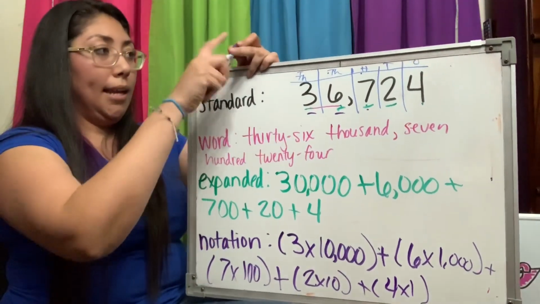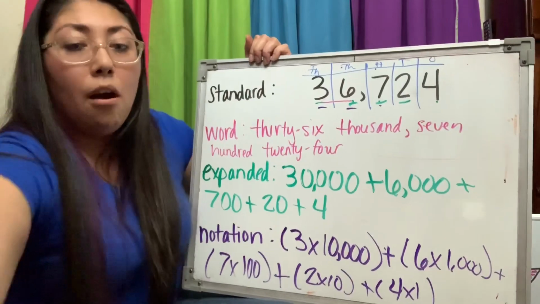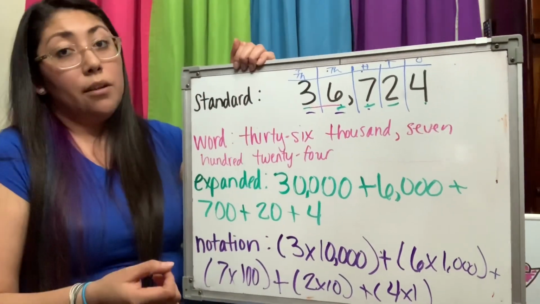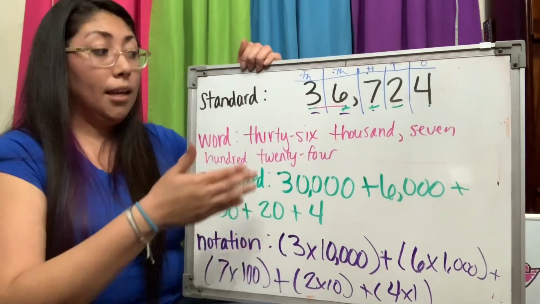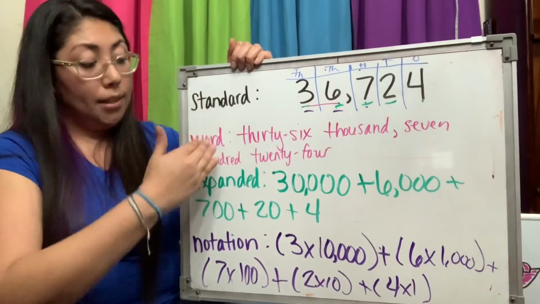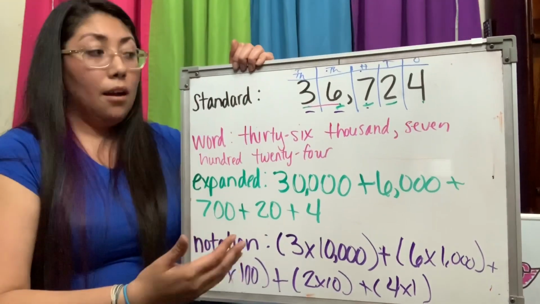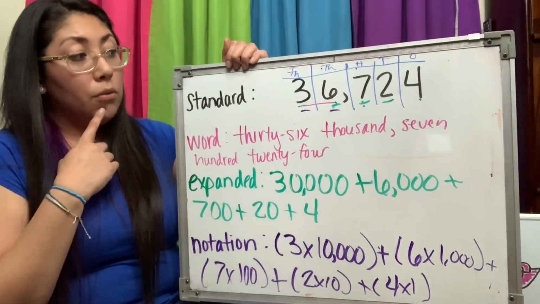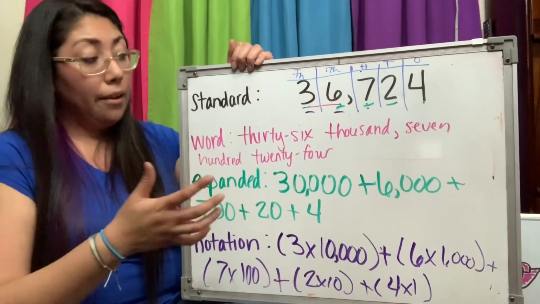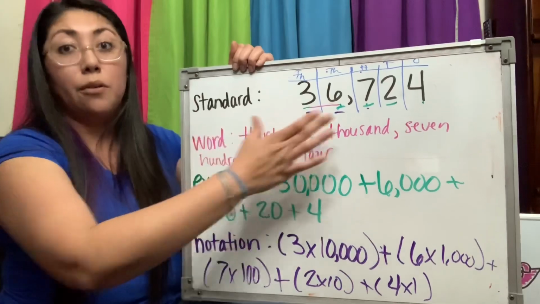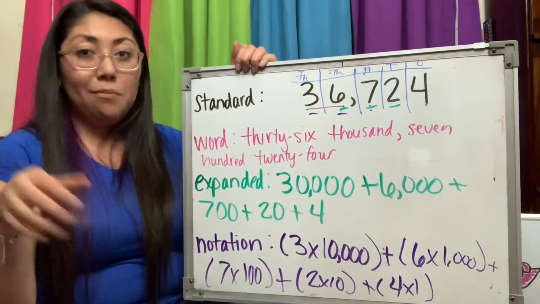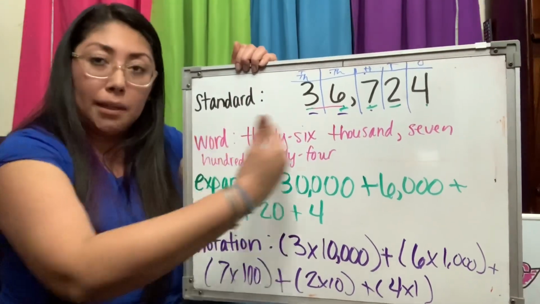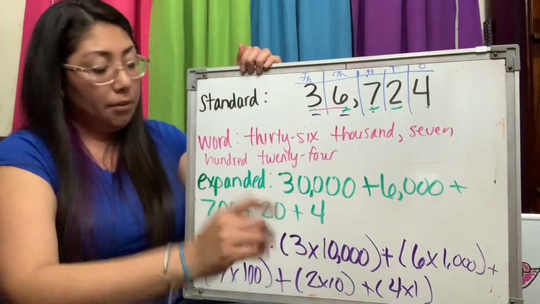Okay, so that is your review on the different ways to name a number. Don't forget to use a place value chart. It is very helpful if you have to write numbers in different ways from what you were given in your example problems. Just to recap your main vocabulary, standard form is when you're representing the number with the digits. Standard means regular, so the regular way. Word form, you're spelling it out in words exactly the way it sounds.